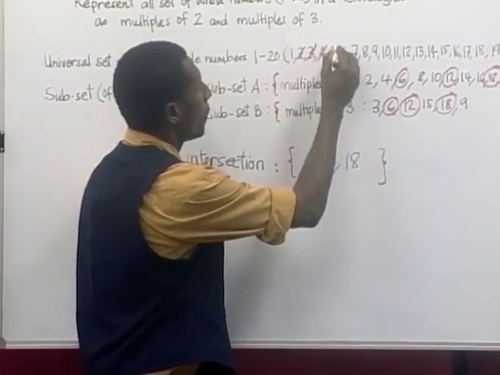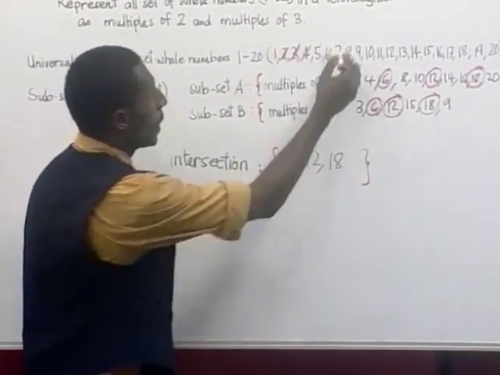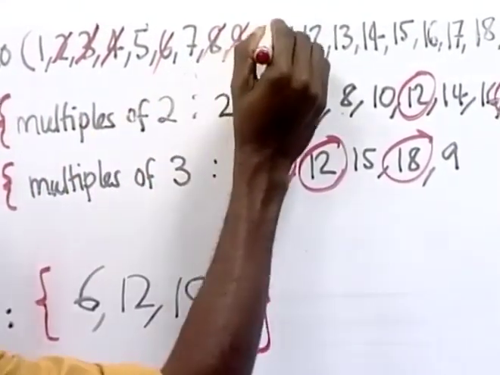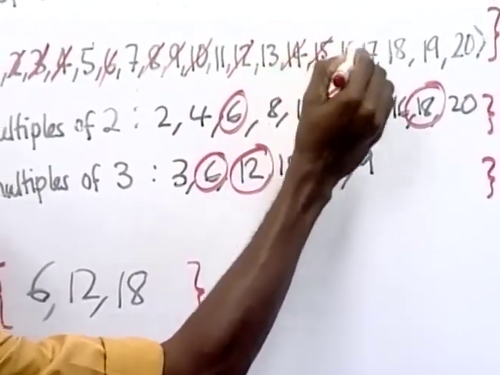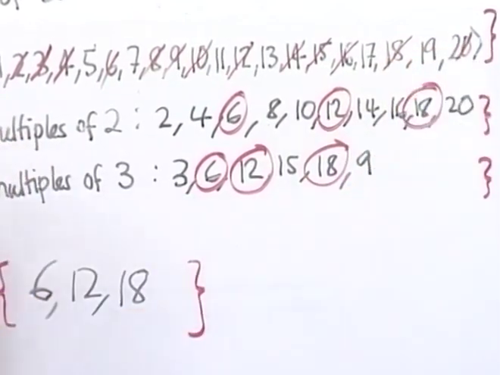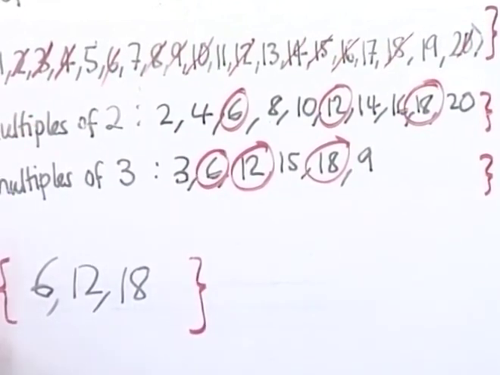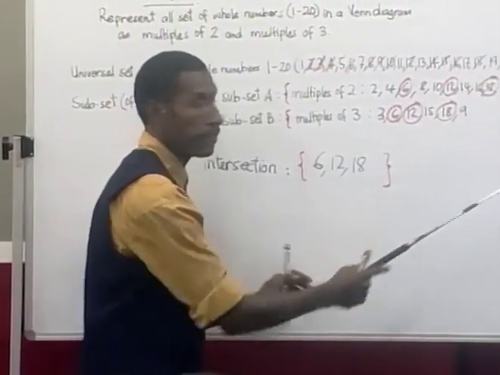Yes. 5? No. 6? Yes. 8? 9? Yes. 10? 12? 14? 15? 16? 18? And 20. Now we are going to represent these sets in this Venn diagram.